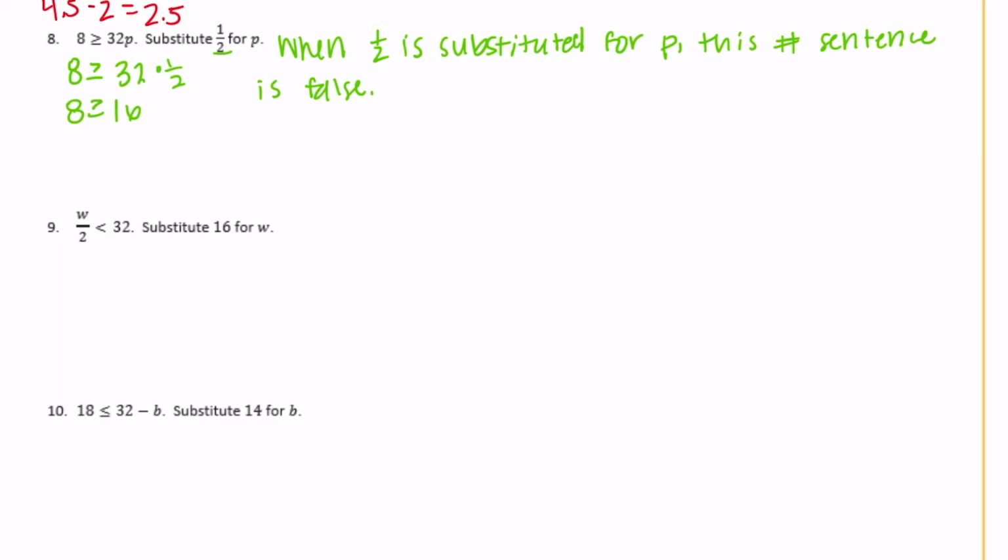We would need whatever this number is to be less than 8. So how can we make that less than 8? We would have to come up with something to multiply that by that would make that less than 8, or equal to 8, because it does have the or equal to sign. So what can we multiply 32 by to get 8? Well, we can multiply it by 1/4, because 32 times 1/4 would be 8, and then anything less than that would make it smaller.